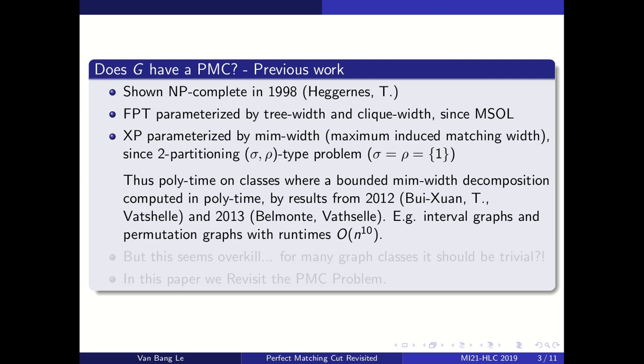Moreover, since it is a two-partitioning sigma rho type problem, where you set the values of sigma and rho to be 1, this problem is XP parameterized by the mim width of a graph. Mim width is what's known as the maximum induced matching width of a graph.